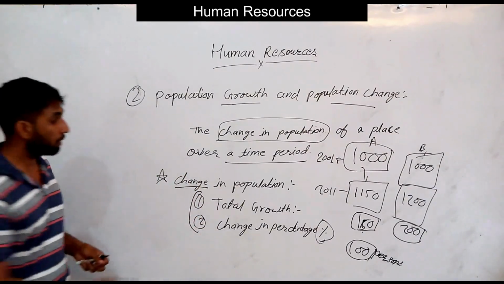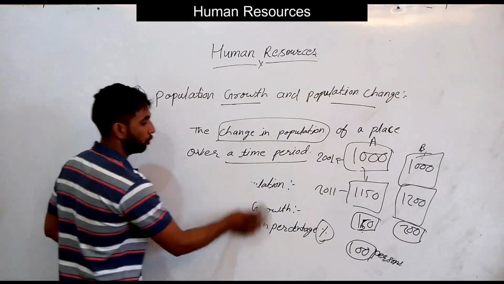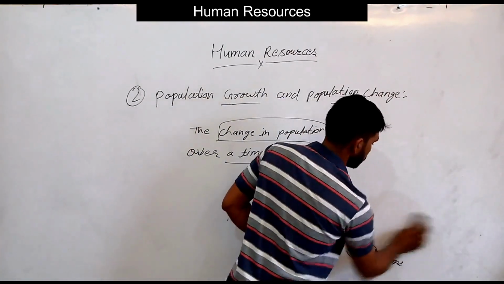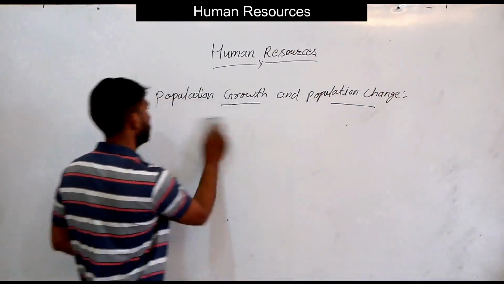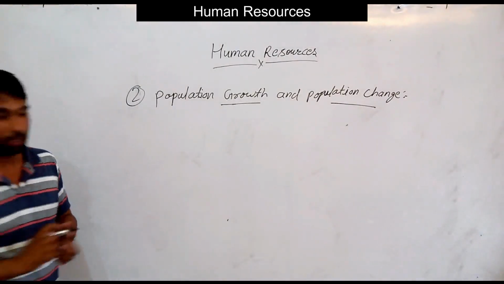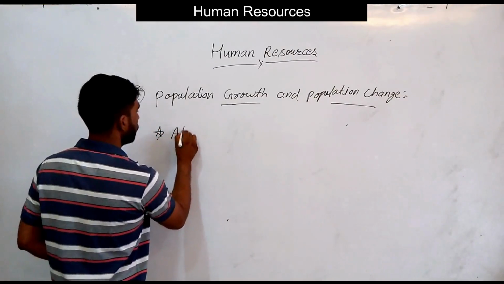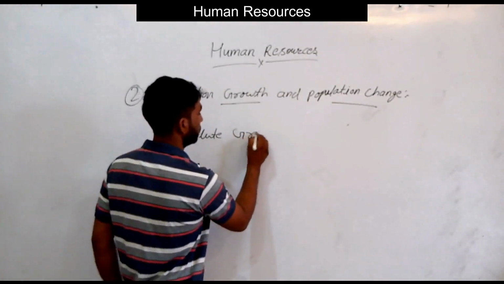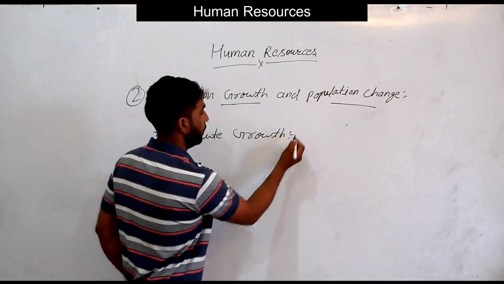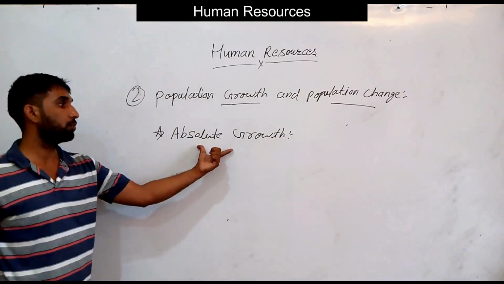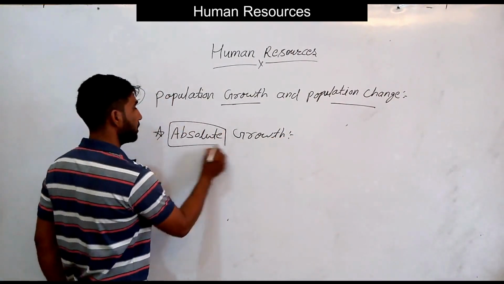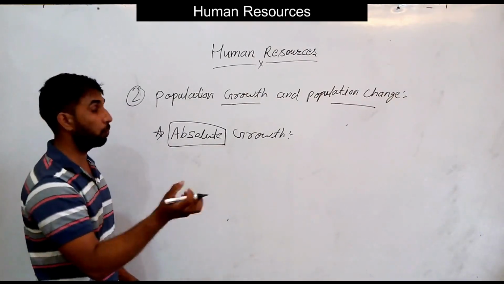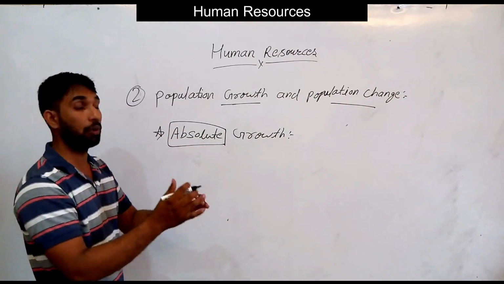The total growth of population is called the absolute growth. What do we mean by absolute growth? Absolute means in actual terms, the increase in the number of people in a particular place over a particular time period.